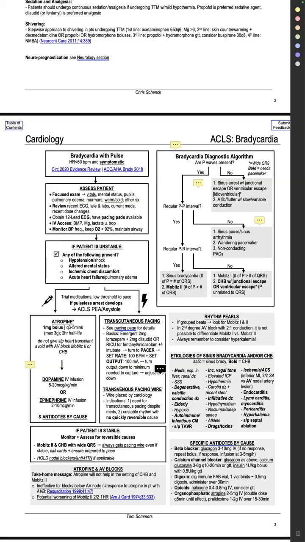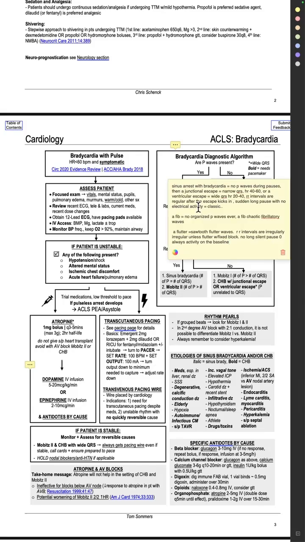So with sinus arrest, there's going to be no P waves during the pauses, and then a junctional escape, in which you have a narrow QRS and heart rate either 40 to 60 for junctional or 20 to 40 with ventricular. And then you're going to have a sudden long pause with no electrical activity, and then the escape rhythm kicks in.